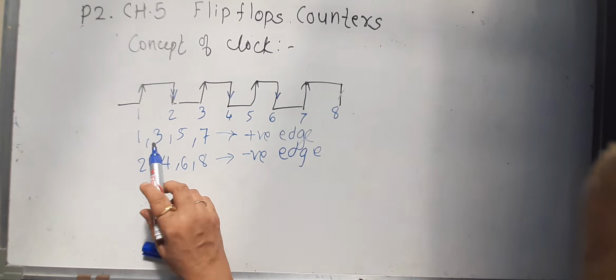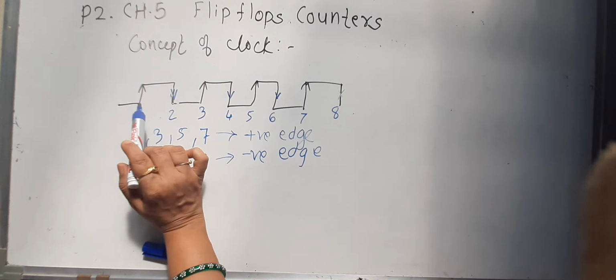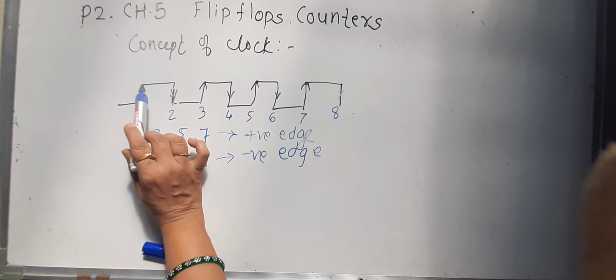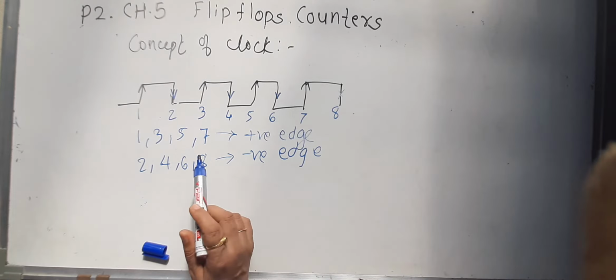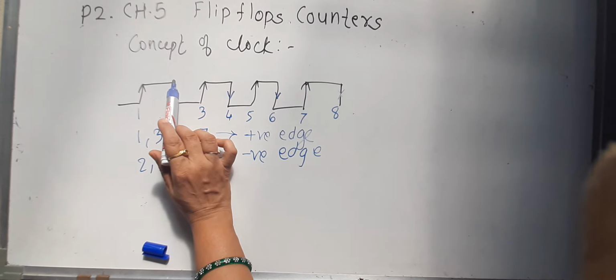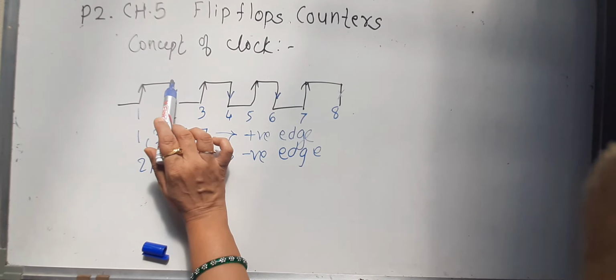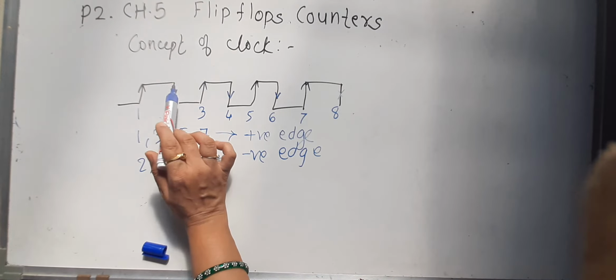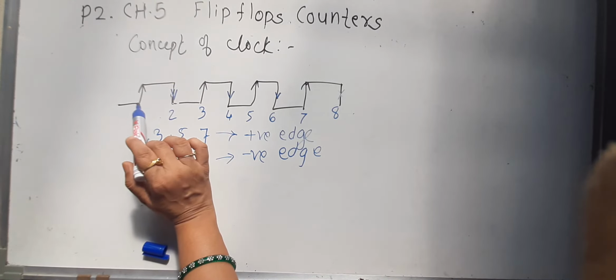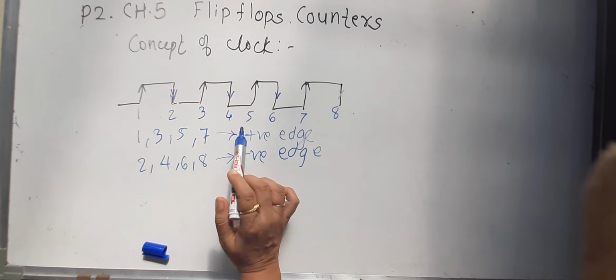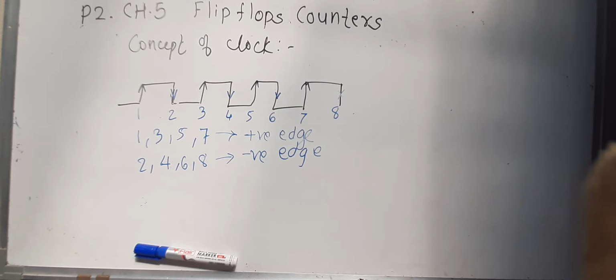So what is the positive edge? When the clock signal changes from 0 to 1. And which is the negative edge? When the clock signal changes from 1 to 0. High to low is the negative edge, and when the clock changes from low to high, it is the positive edge.